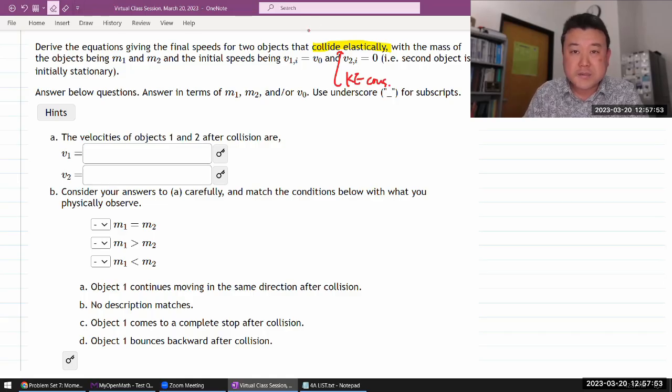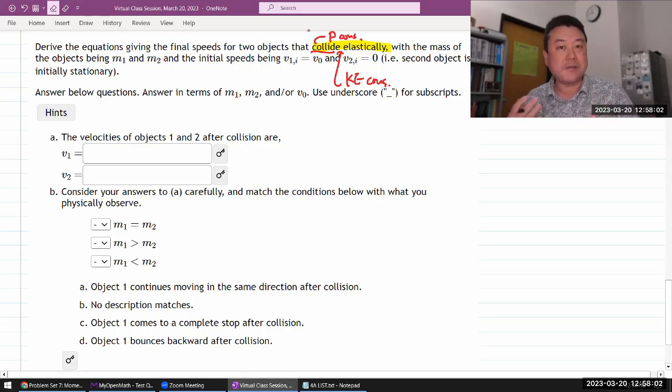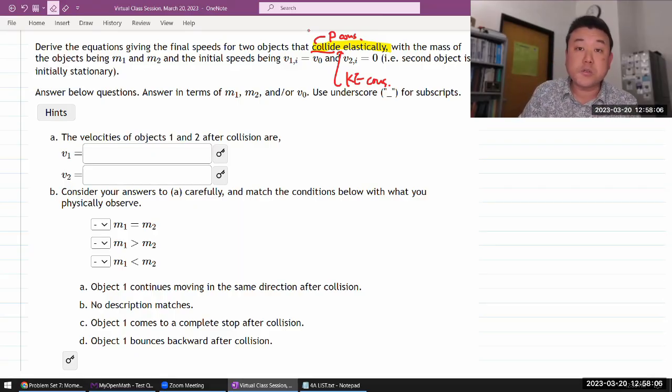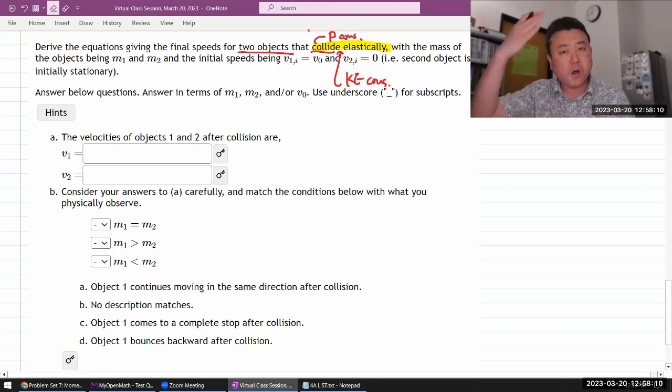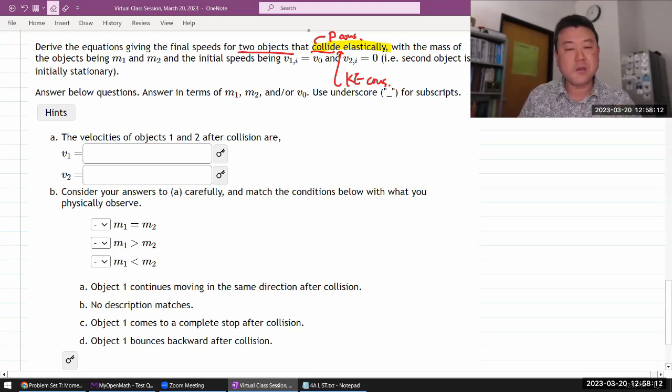And really, where it says collide is also telling you that total momentum is conserved, because usually for the things that we describe as collisions, momentum is conserved, especially if all the objects involved in the collision are in your system. If you have a wall or whatever, then the momentum gets transferred to the wall, but here momentum is conserved.